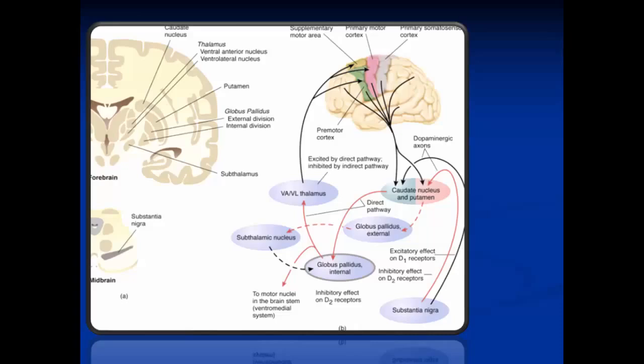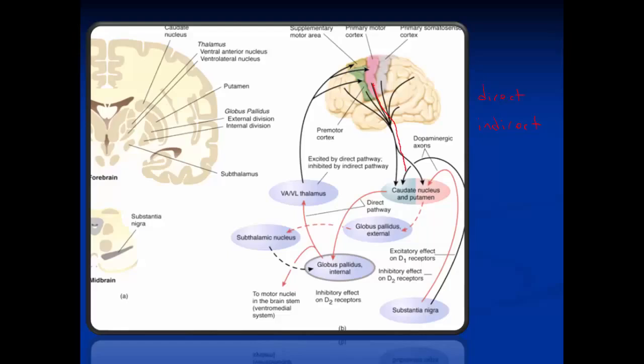So I want you to know two things. We're going to make a distinction between a direct and indirect pathway. Basically, the basal ganglia form part of a loop, a feedback loop. So you can see we're going to go from primary motor cortex.